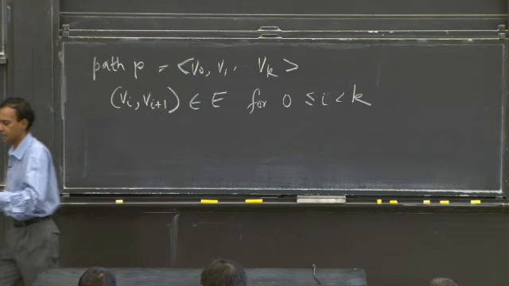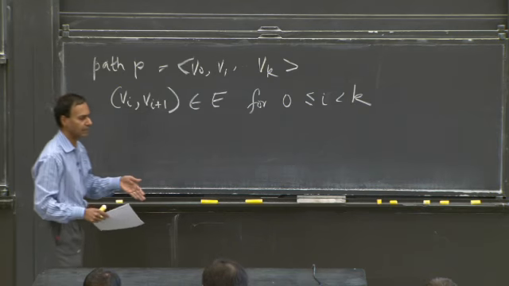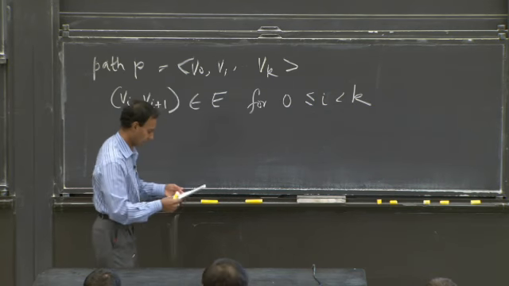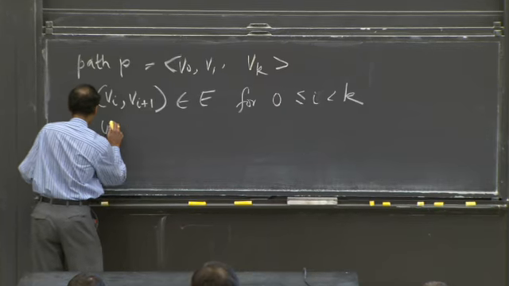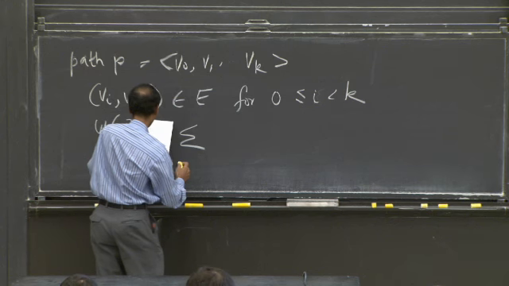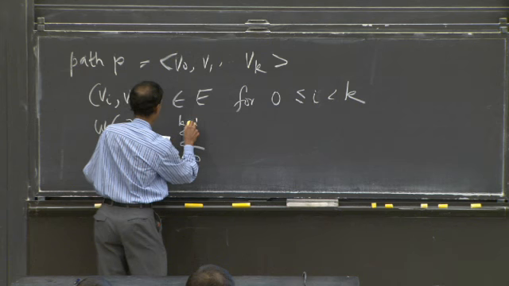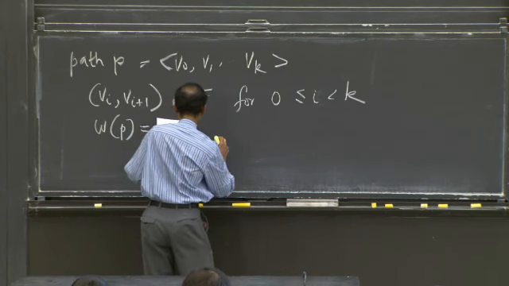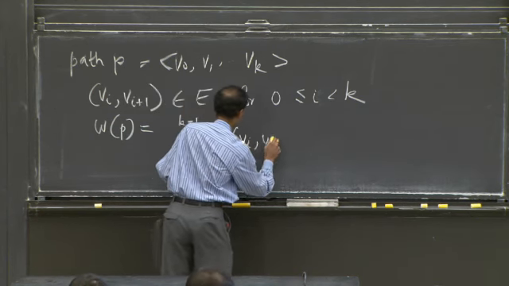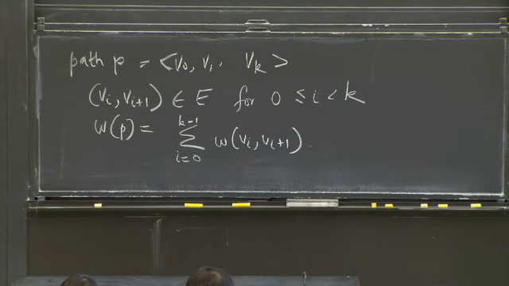So a path is a sequence of edges, and each of those edges has to be in the graph, has to be in the set of edges E. And W of P, which is the weight of the path, we know about the weight of edges. Those are easy. They're given by the W function. The weight of the path is simply the summation of the weights of the edges. All right? So fairly obvious definitions, but obviously we have to get these right in order to actually solve the problem correctly.